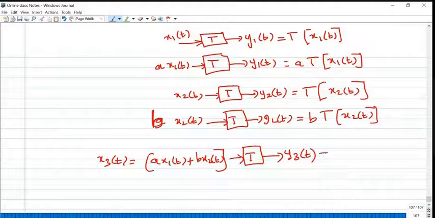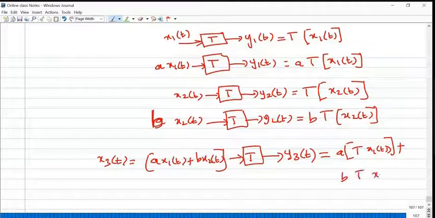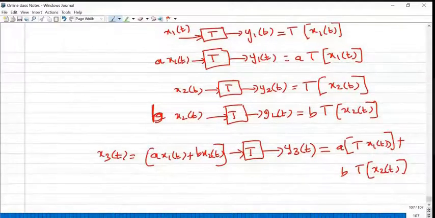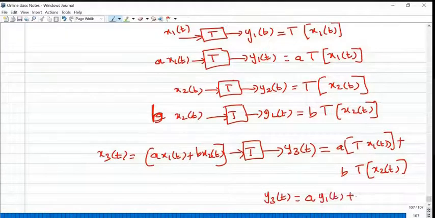This y3 of t should be equal to a into T of x1 of t plus b into T of x2 of t. Or we can say that this y3 of t is equal to a y1 of t plus b y2 of t.